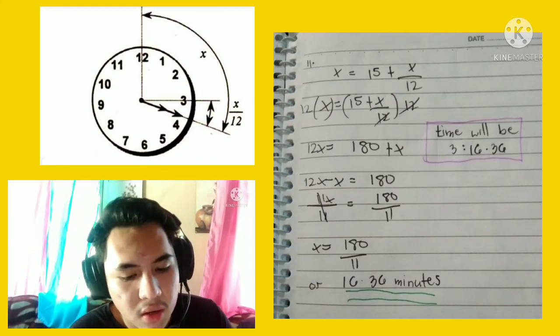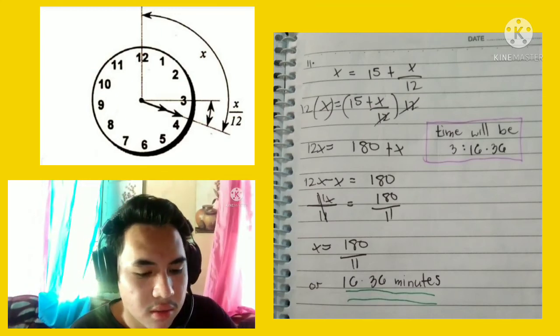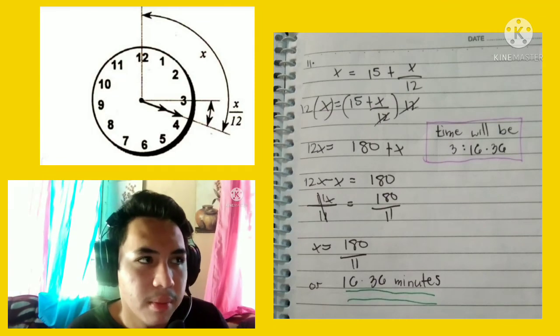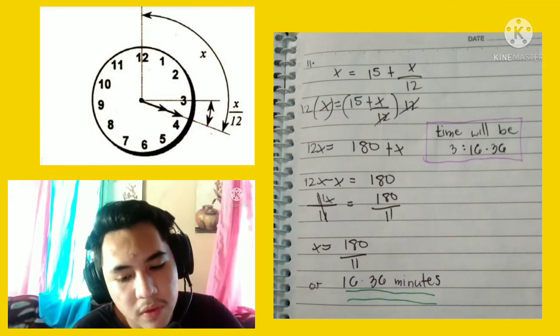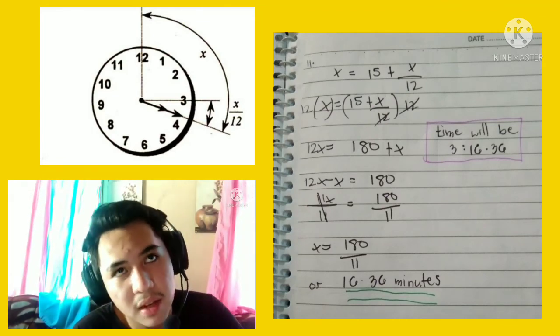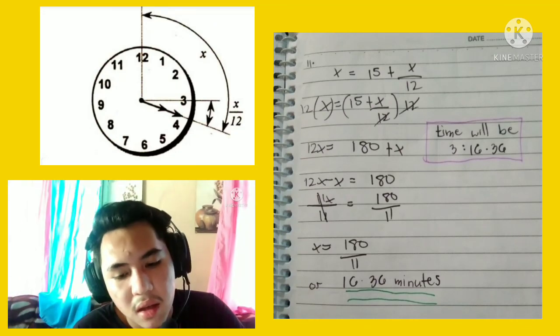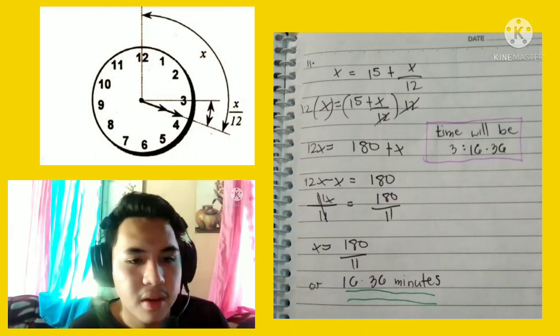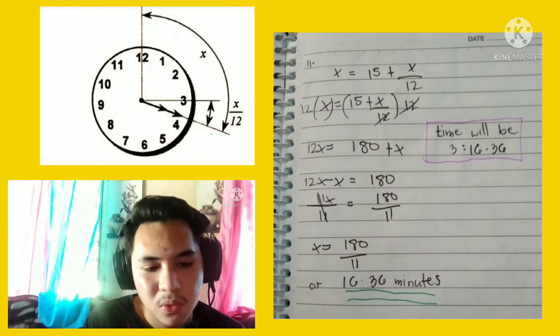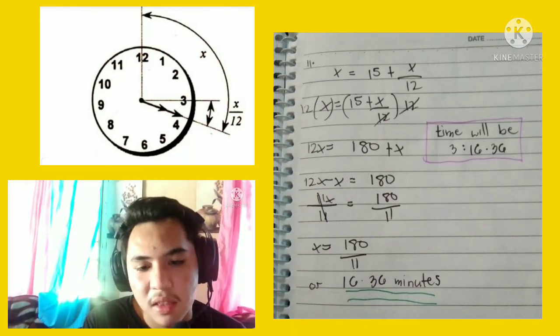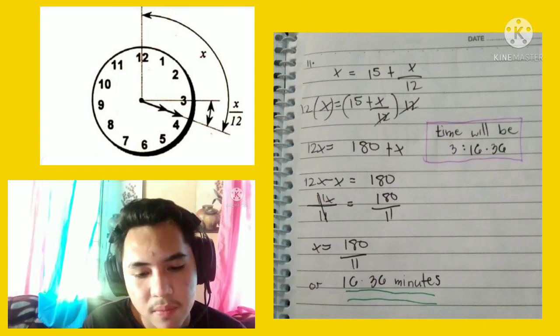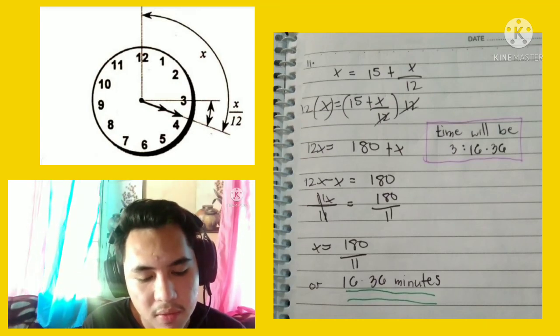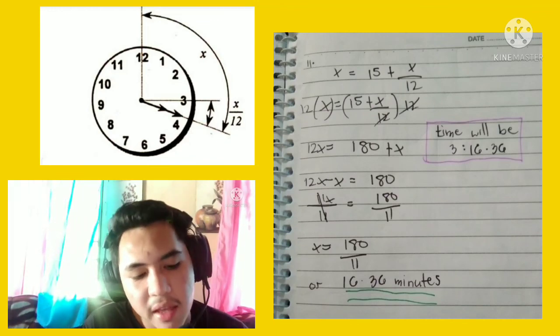From 3 o'clock, the minute hand will be 15 minutes, because every hour is 5 minutes on the dial. So we have now 15 and our x over 12 again.